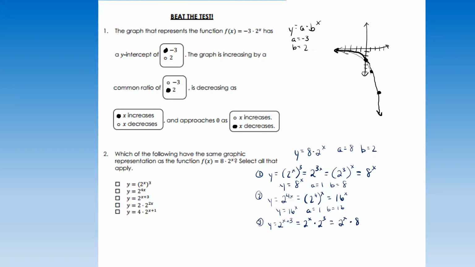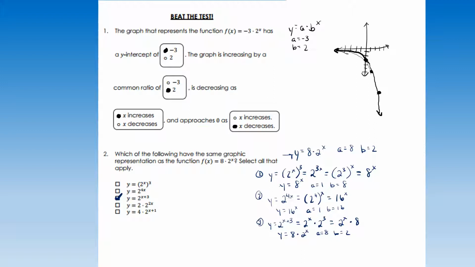So y equals 2 to the x times 8, or I could write that as 8 times 2 to the x. So a is 8 and b is 2, and this third expression is the same as the first one, y equals 8 times 2 to the x. So this one is equivalent.